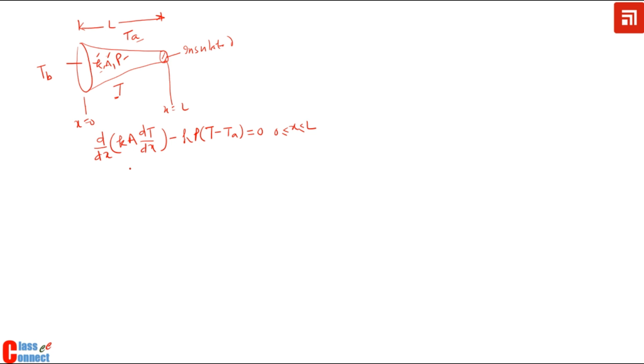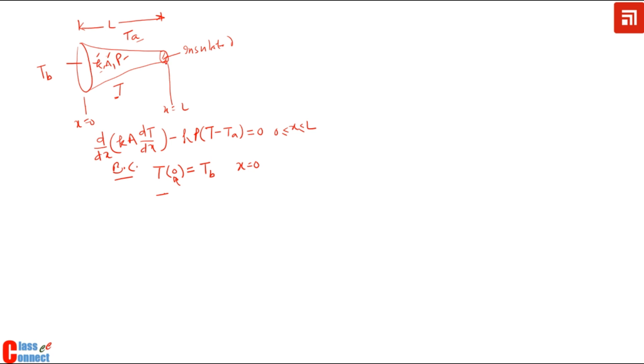And this is subjected to some boundary conditions. So you tell me what should be the boundary conditions for the fin. It is temperature T of the fin at x is equal to 0 is equal to Tb. So this represents x is equal to 0. And here, this end is insulated.